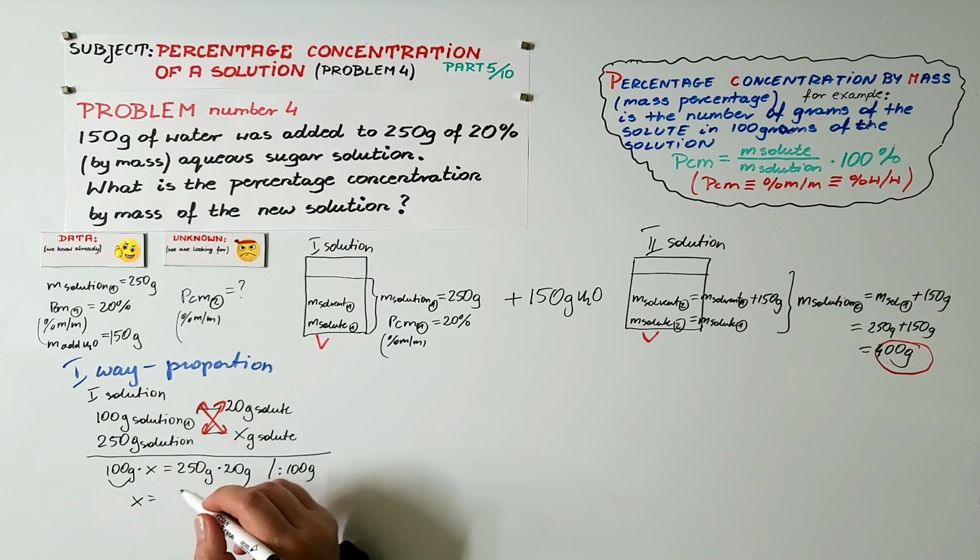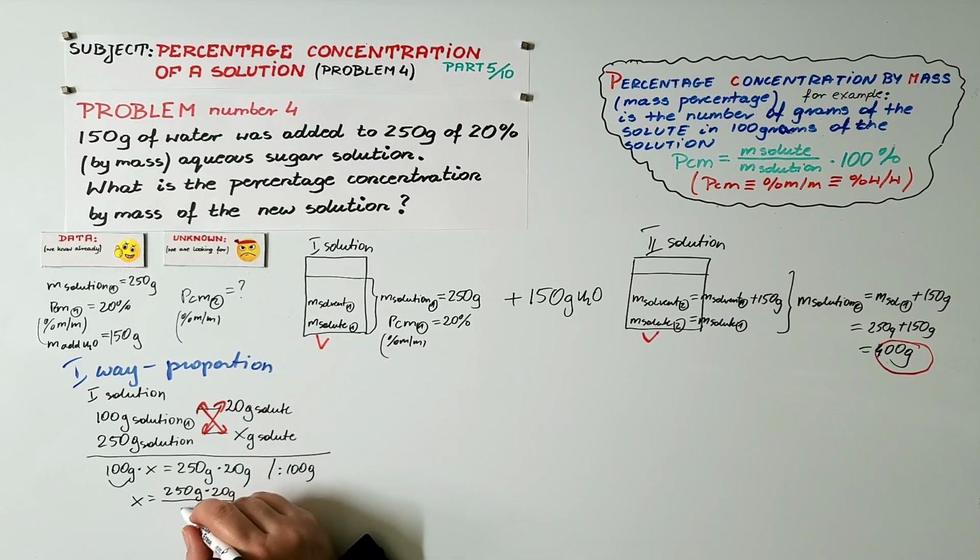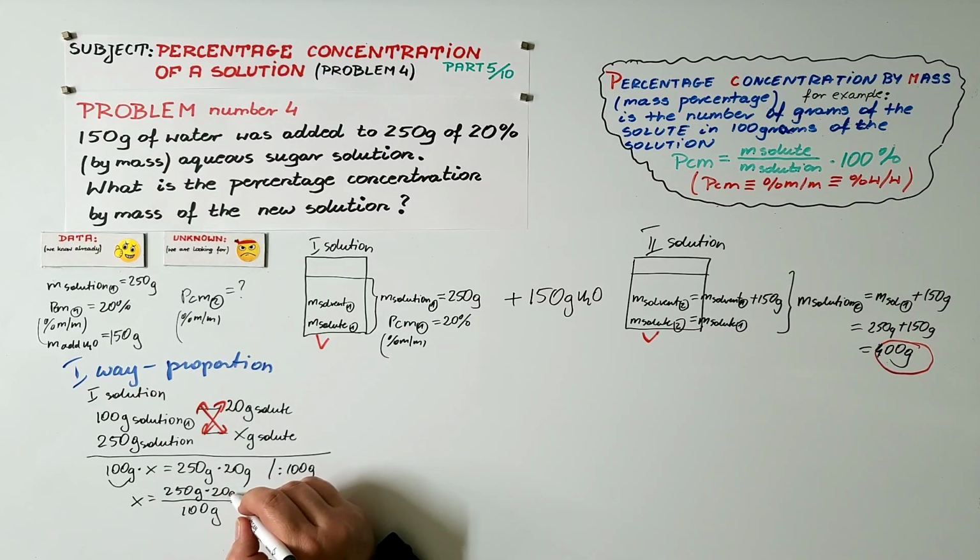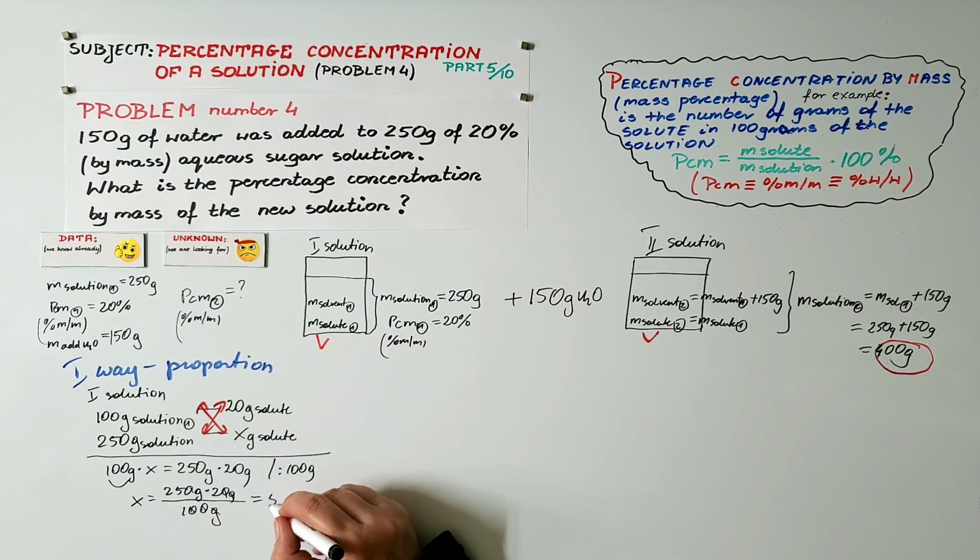X equals 250 grams times 20 grams over 100 grams equals 50 grams of solute.